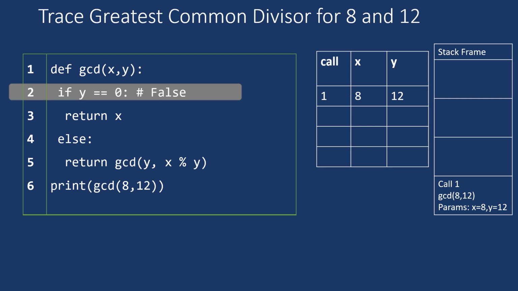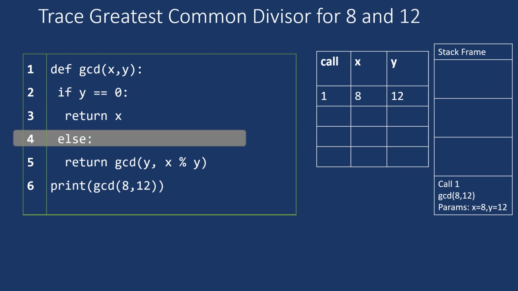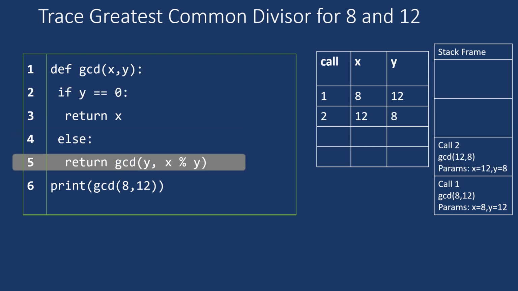So then we skip to the else clause and we execute that part of the code, which then means that we need to make a second call to the GCD function, and we're putting the value of y, so putting the value of 12 for x, and we're putting the value of 8 for y there.